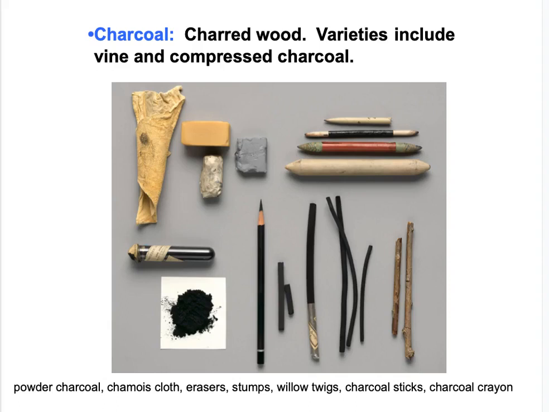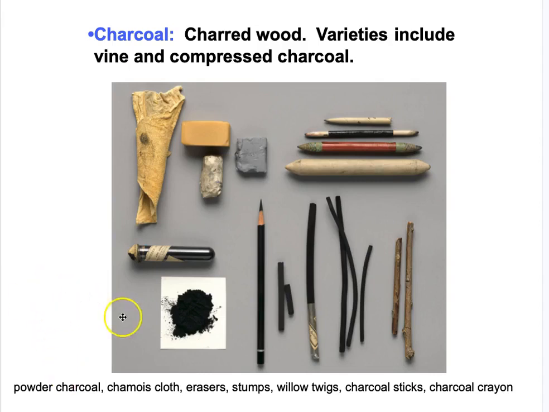So let's look at some of these things. What we have here is powder charcoal. This is charcoal that's been ground up and is in a powder form. You can mix water with it and create washes. But oftentimes when it's powder like this, artists will just use it and blend it and smooth it using a stump.